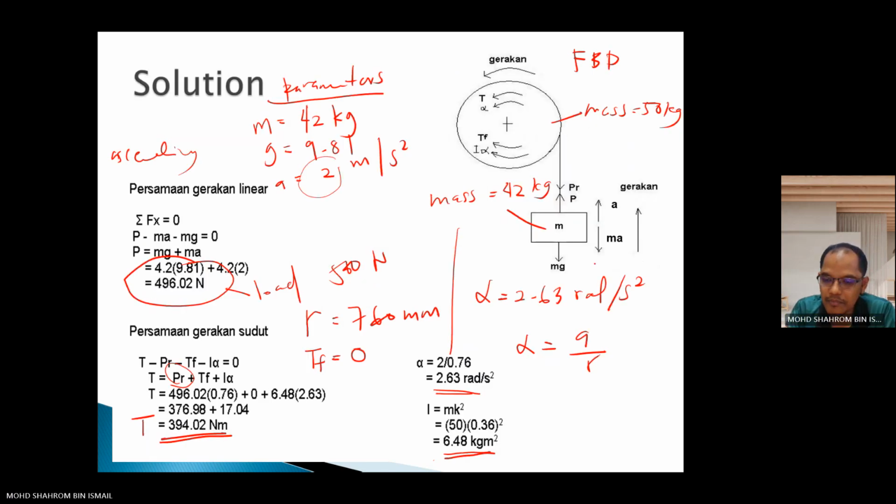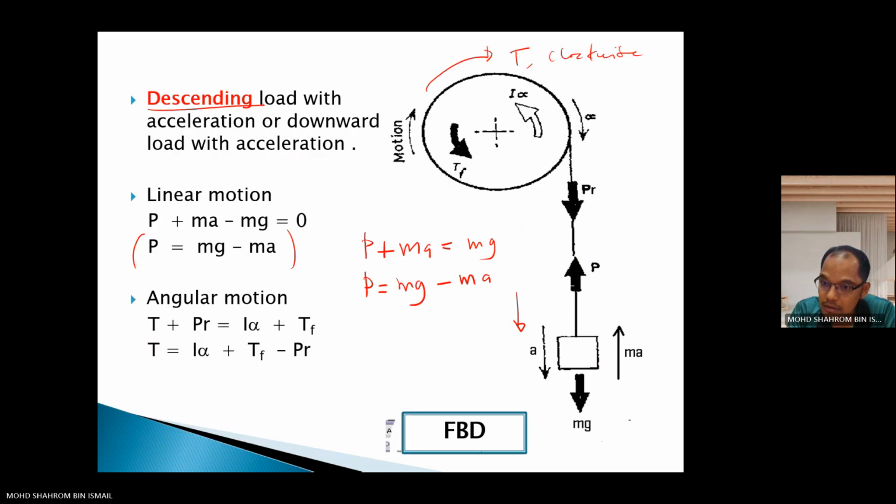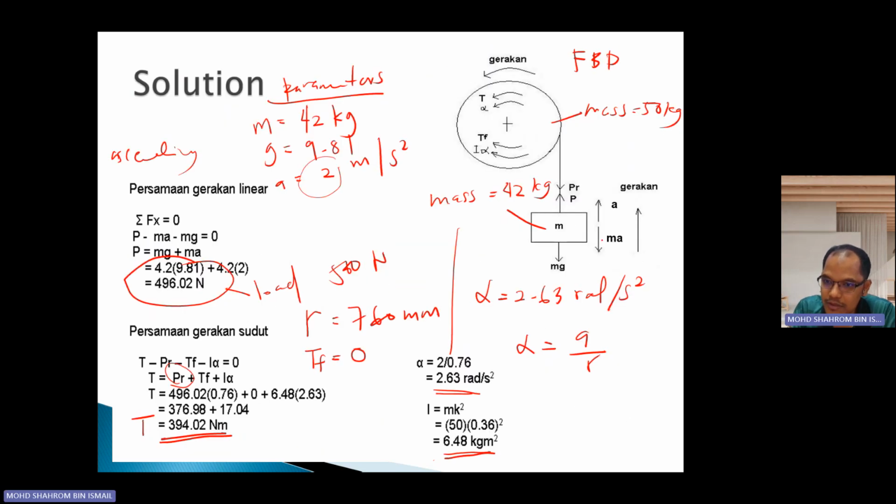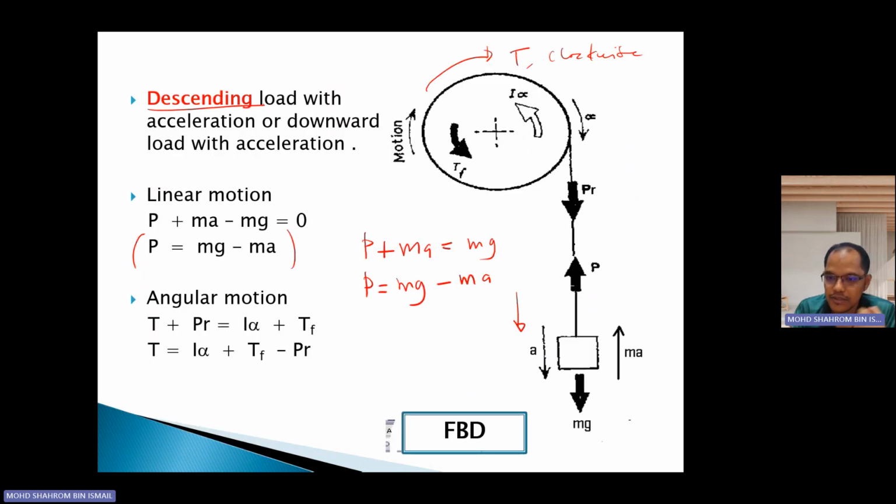What makes the difference is the MA motion. Since the mass is going upward, we have the mass multiplied by acceleration acting downward. For this case, the acceleration is going downward, so the mass multiplied by acceleration is acting upward.